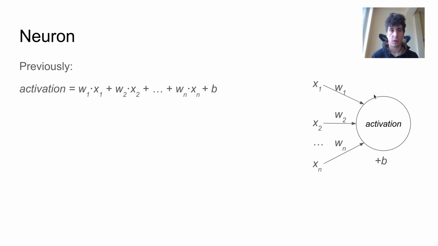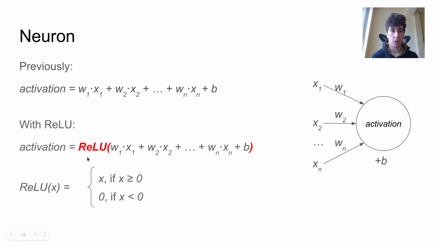So if we want to add ReLU to each neuron, instead of activation being the weighted sum plus b, we just do activation equals ReLU of the weighted sum plus b. And ReLU is, as we talked before, just kind of the modulus, but with 0 if the number is negative.